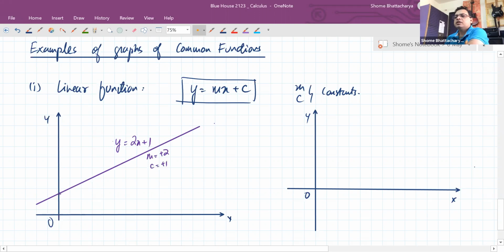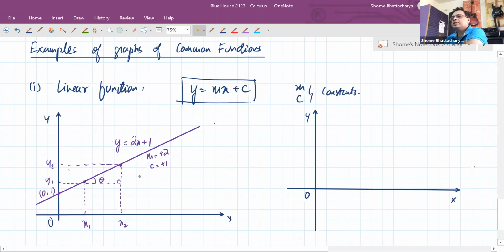The point where it crosses the y-axis will have a y-coordinate of 1, or precisely its coordinates will be (0, 1). And also, if I select any 2 points, x1 and x2, and calculate the average rate of change between these 2 points, that is the change in y upon change in x, that ratio will be m, which in this case is 2.